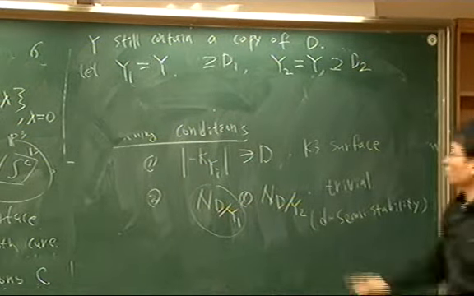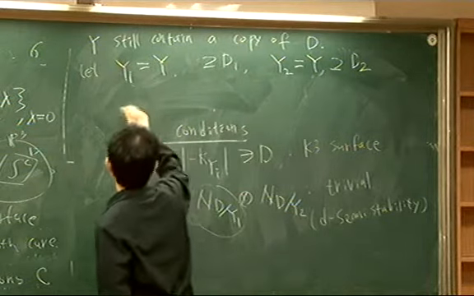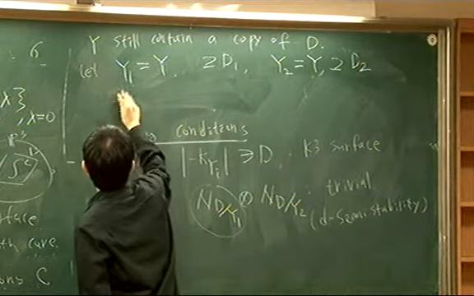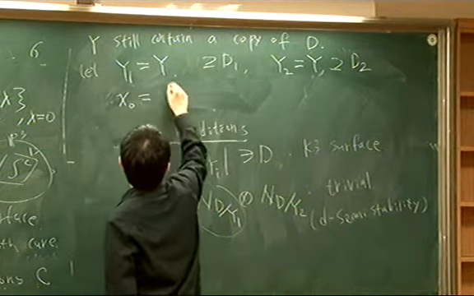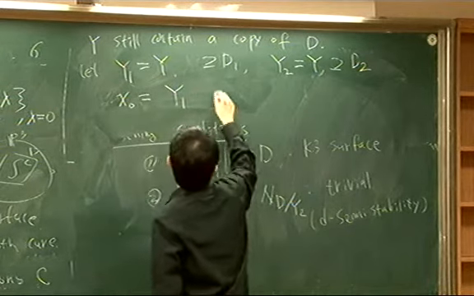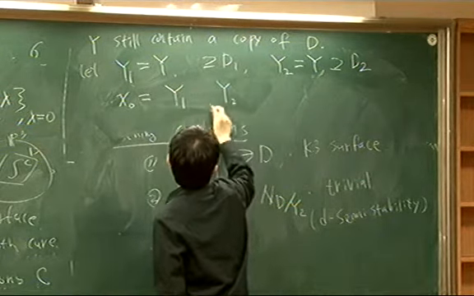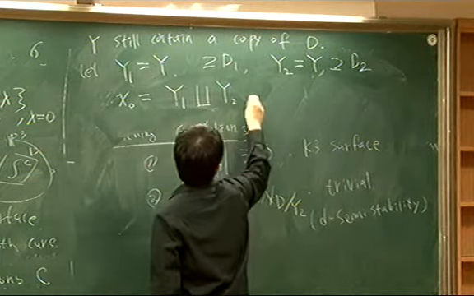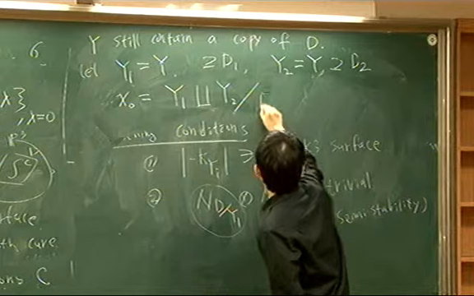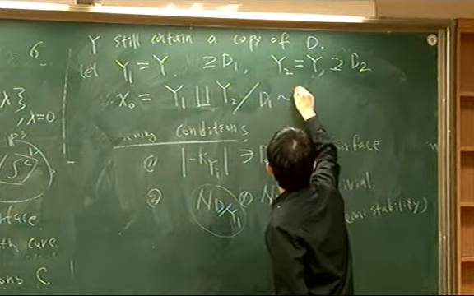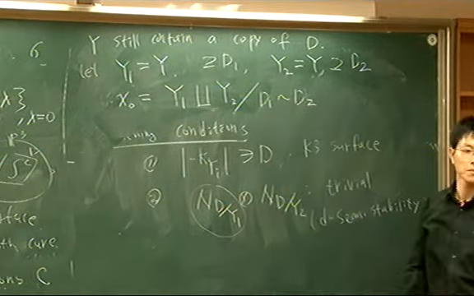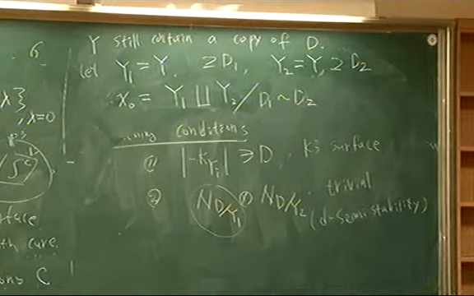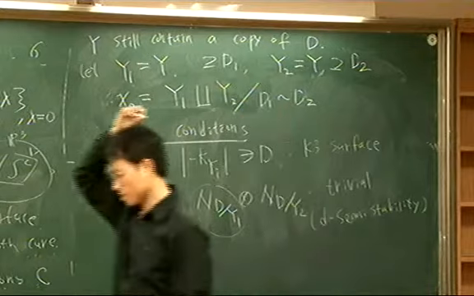Then you attach these two like this. X0 is the disjoint union of them pasted along D1 and D2. Because they are the same copy, you can topologically paste them, and then you can show that this is a normal crossing structure.